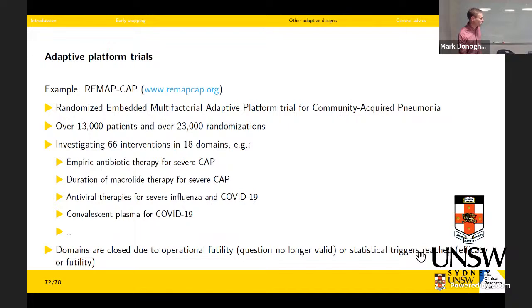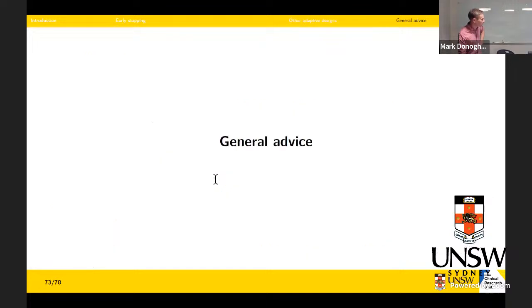Or they have statistical triggers. So if you show that the longer macrolide therapies obviously work really well, you might stop randomizing people to that particular domain. But the overall platform trial goes on as new treatments and questions come up.